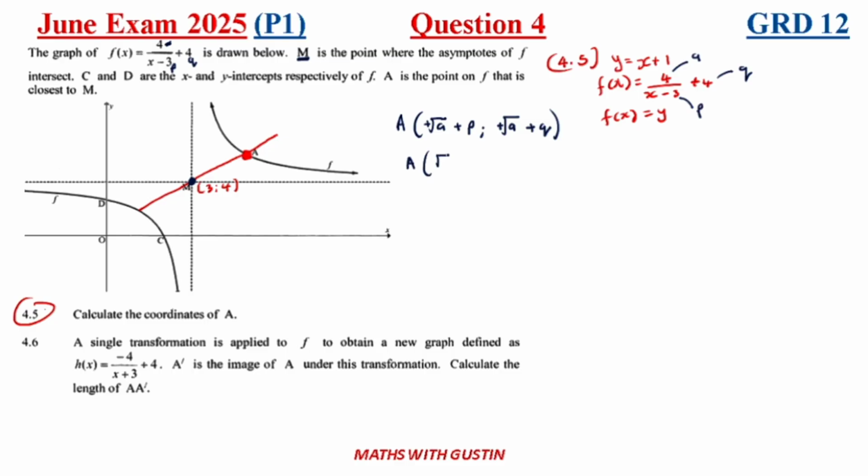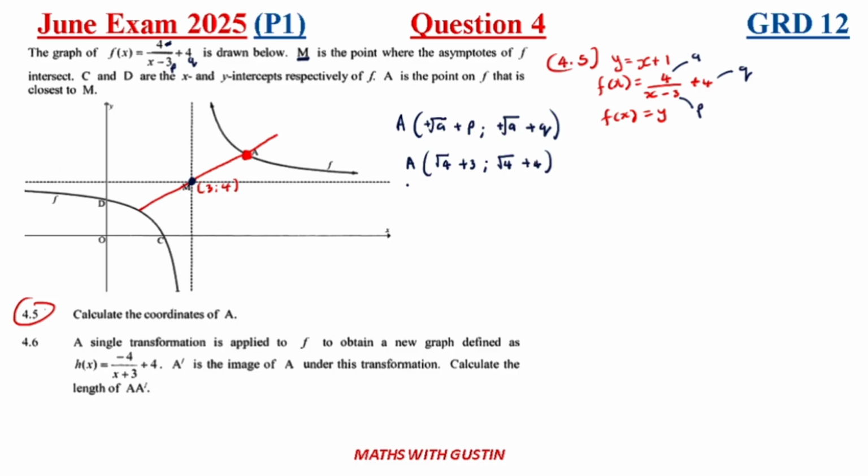You can say square root of 4, right? Okay, and then p is positive, so you can say plus 3, and therefore square root of 4, because it's positive, that's why you put 4. If it was in the minus, you're going to put a negative here, right? And therefore you can say plus 4 there.